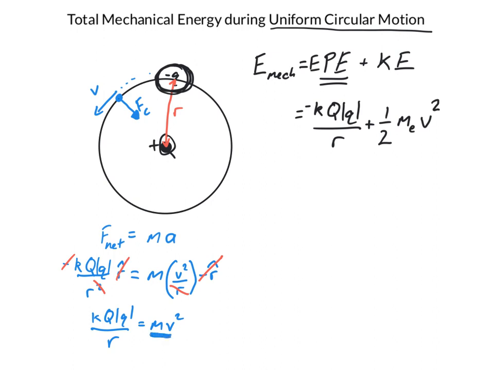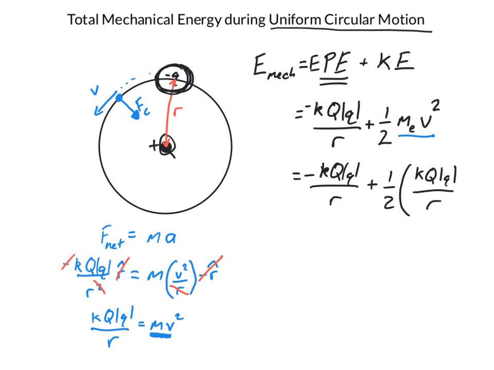That is this. So we get negative k q q over R plus 1/2 of, doing a substitution here, k q magnitude of q over R. This and this are the same thing.